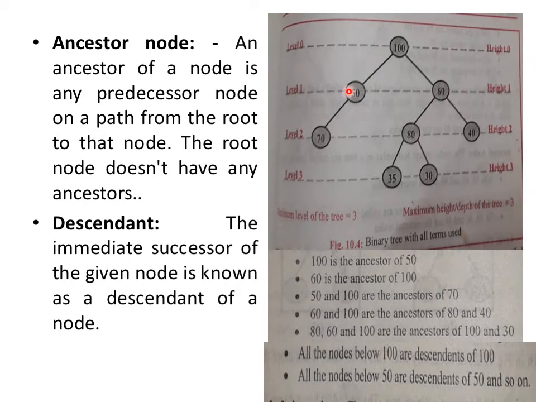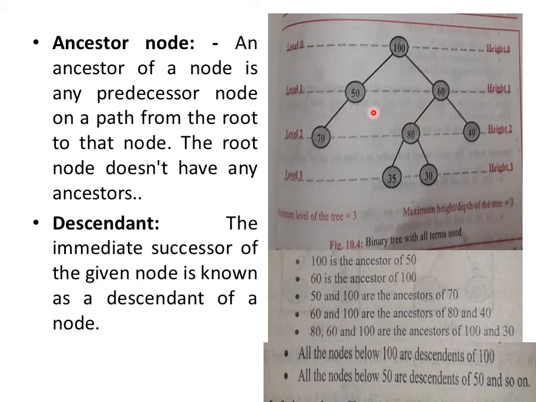Then we can tell what is an ancestor. As usual, we will say ancestors are nothing but grandparents. Similarly, here an ancestor of a node is any predecessor node on the path from the root node to that node. The root node does not have any ancestors.